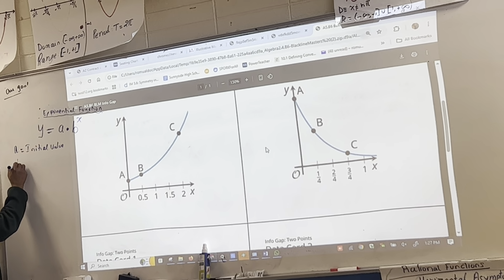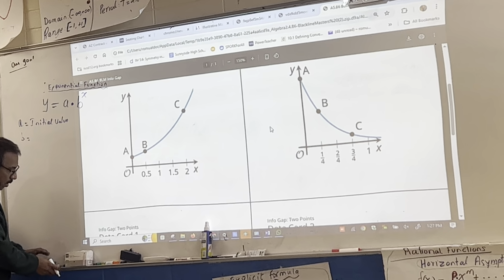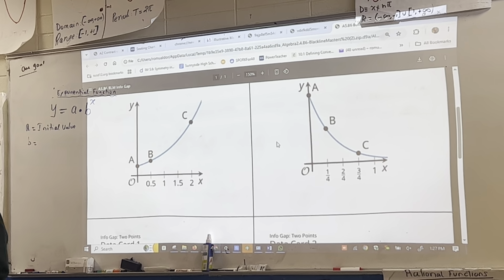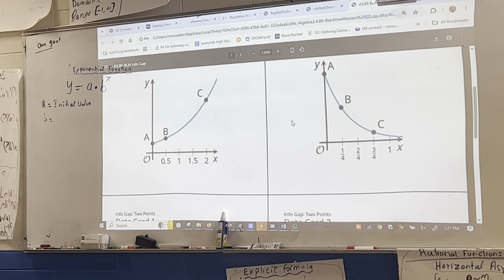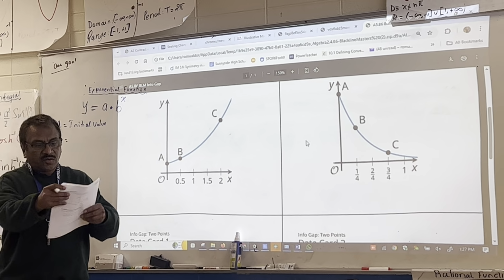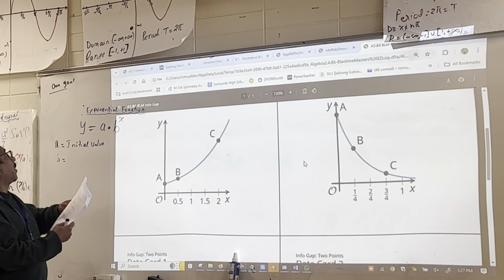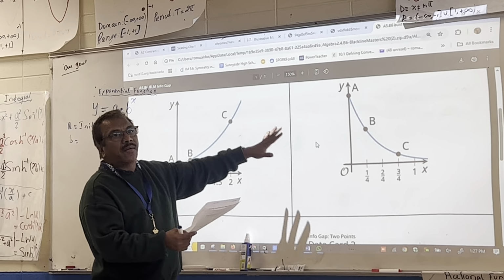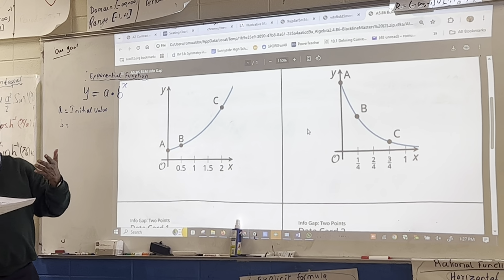Now b. In the example, the data already shows this, on the second page. Is there enough room to write down there? So this is what you're supposed to do. For each of these two graphs, we need to create an exponential function like this.